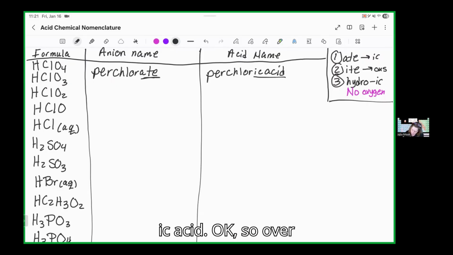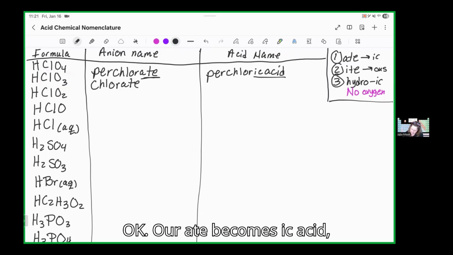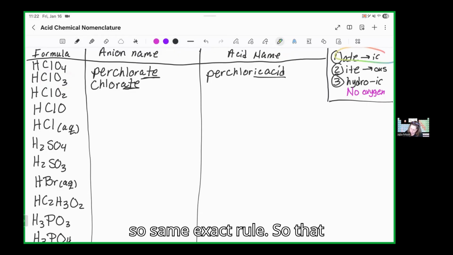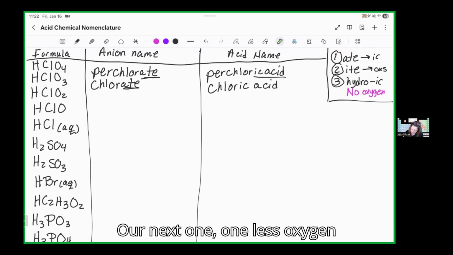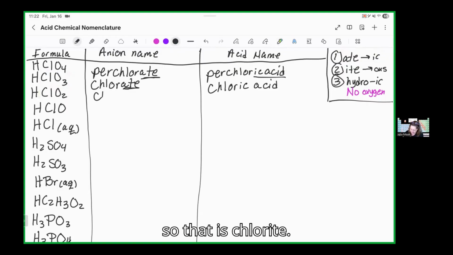Over here, that's our chlorate. Our ate becomes ic acid, same exact rule, so that is just chloric acid. Our next one, one less oxygen than ate, becomes an ite, so that is chlorite.